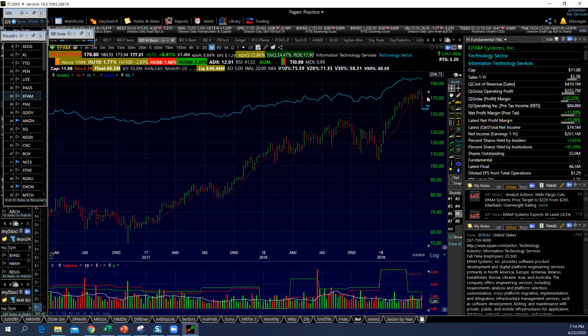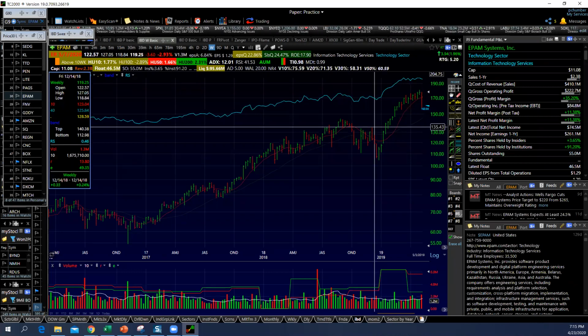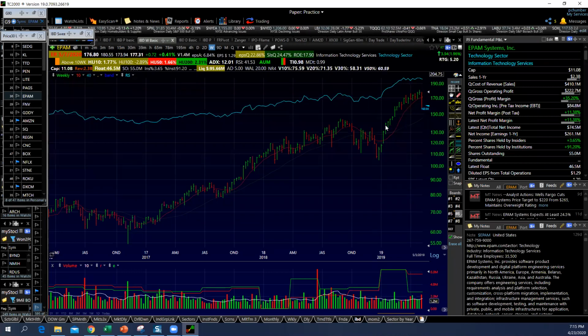Let's say, for the sake of argument, it's now gone below this 10-week line, and you're going to sell at the end of this week. You wouldn't have sold this week under the rules we were trading, but when you're starting out, you probably just want to sell here, right?